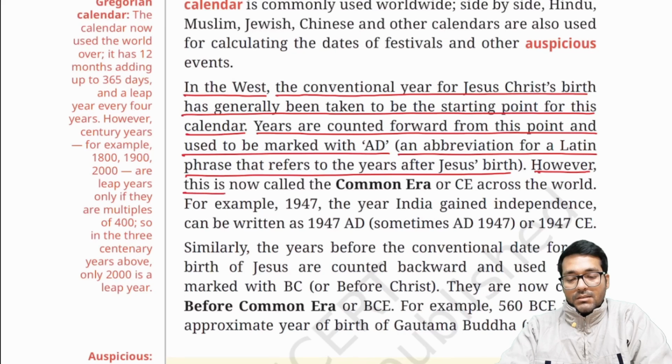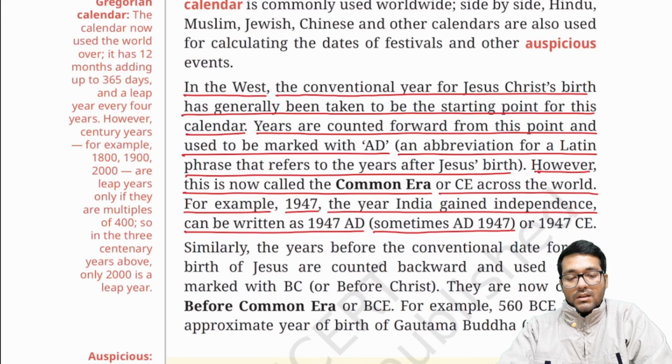However, this is now called the Common Era or CE across the world. For example, 1947, the year India gained independence, can be written as 1947 AD, sometimes AD 1947 or 1947 CE.